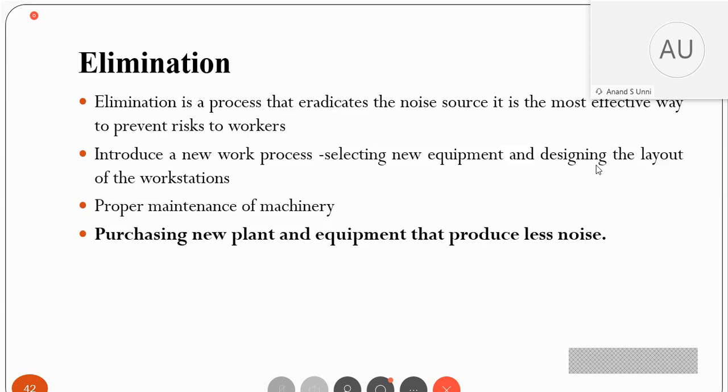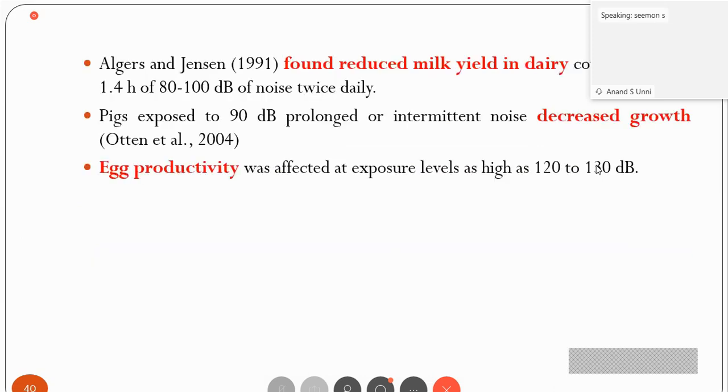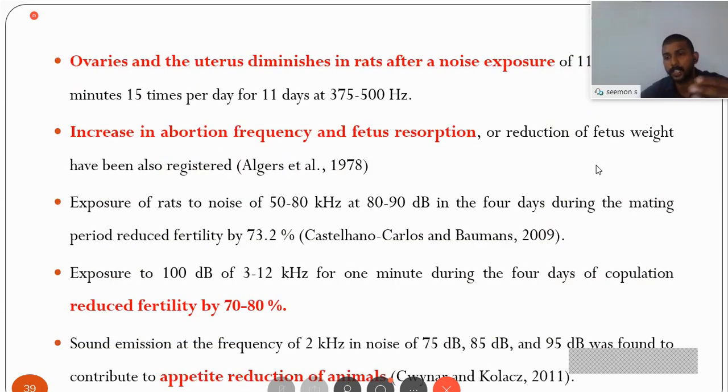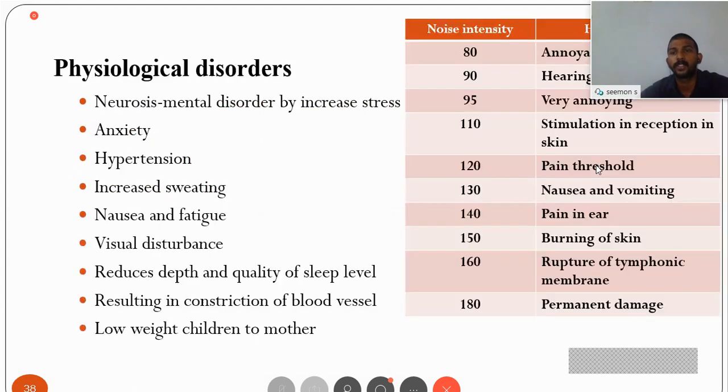One more question, can constant noise make humans sick? If we are continuously exposed to higher noise, we already saw in the first slides how it is. If it is below 80 decibels, that is common noise.